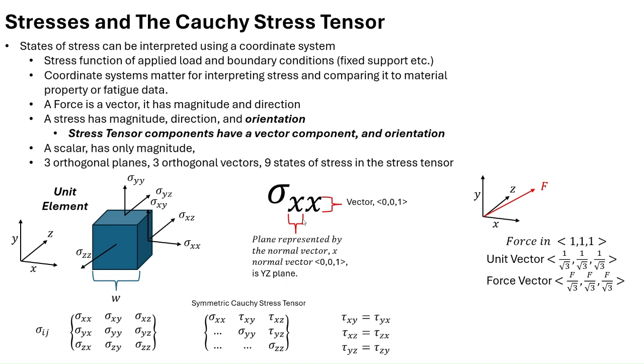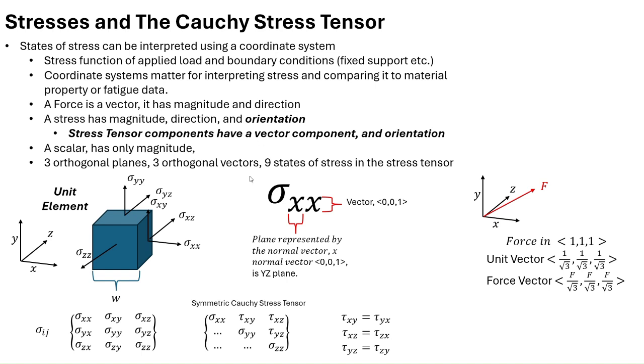So this first subscript x represents the plane that the stress is acting on, and it's represented by the normal vector. If you remember from calculus, you can define a plane by its normal vector.